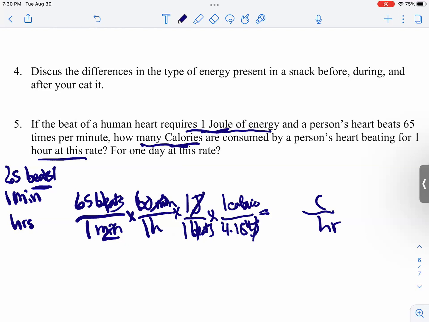So you do your math. Put it in your calculator. You can pause it, and you're going to round it to the correct number of significant figures. What do you get?